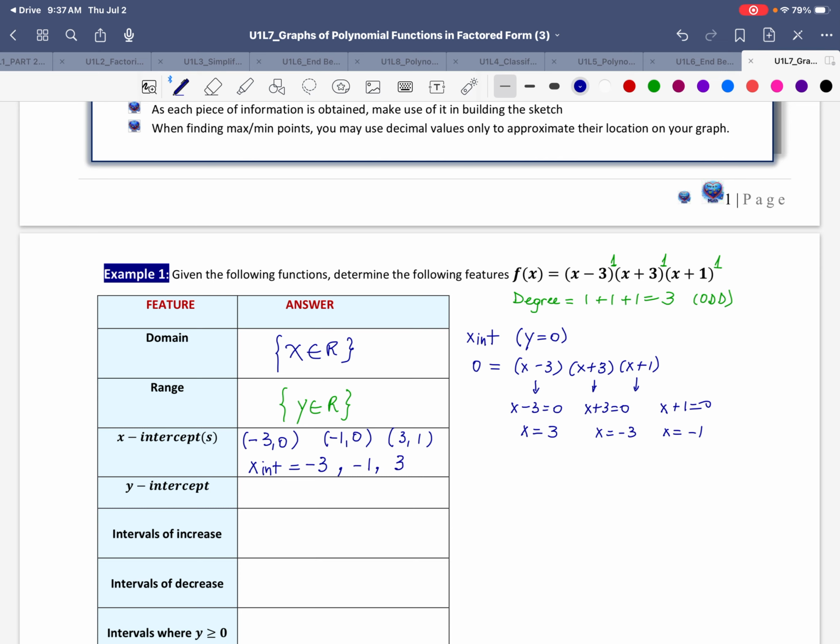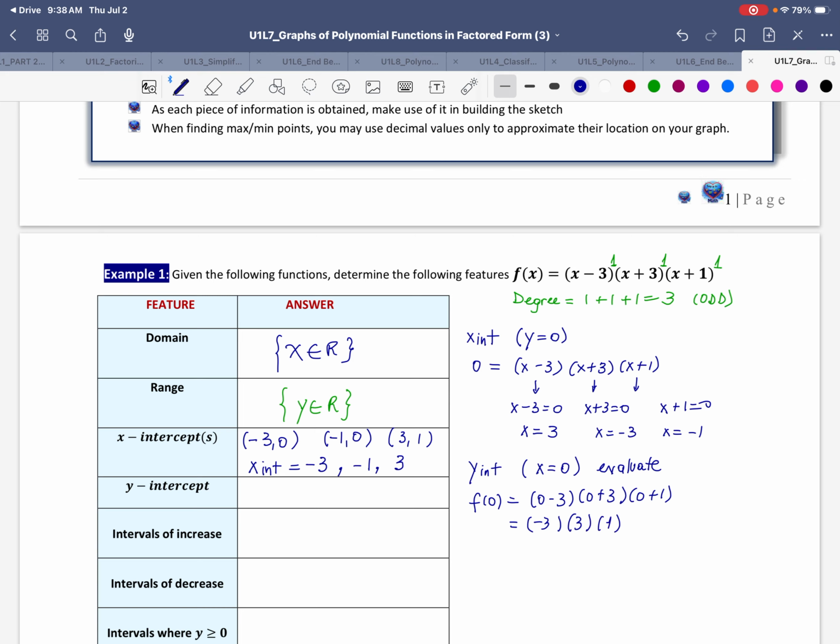For the y-intercept, we are setting x equal to 0 and then evaluating the function, which means that we are trying to find f of 0, which is (0 minus 3)(0 plus 3)(0 plus 1). As you can see, from every factor we are left with constants only. So what does that mean?